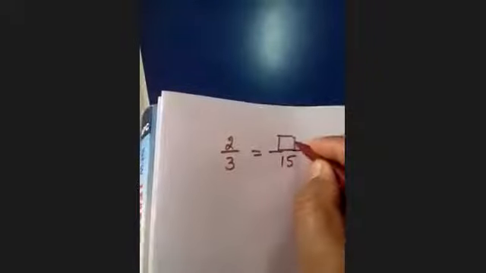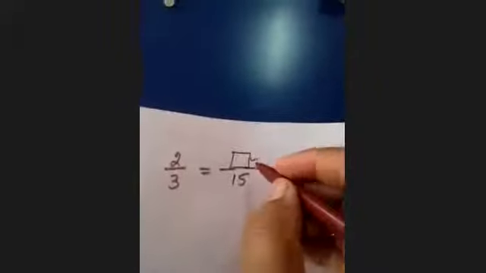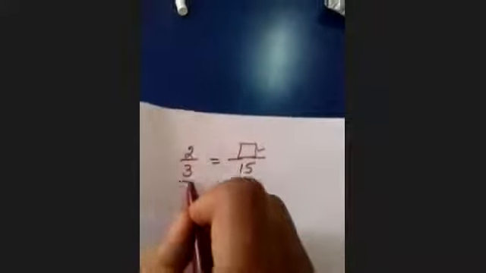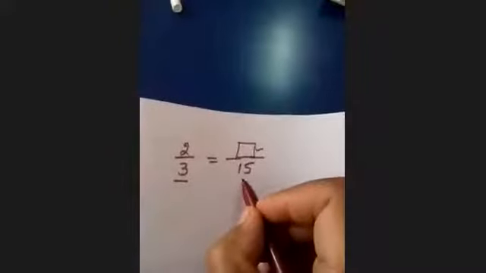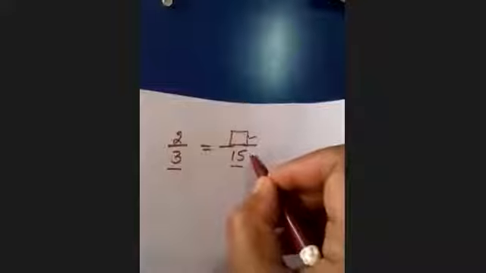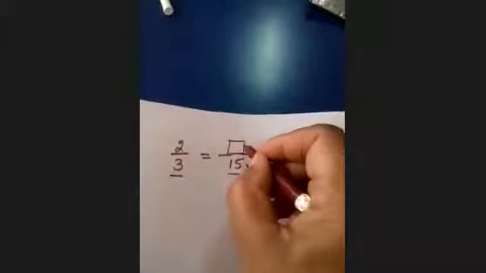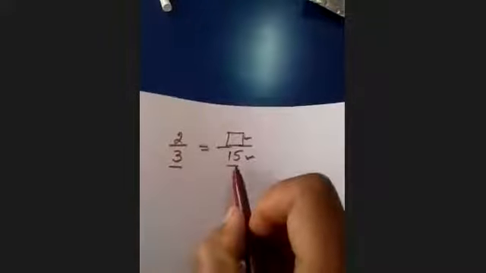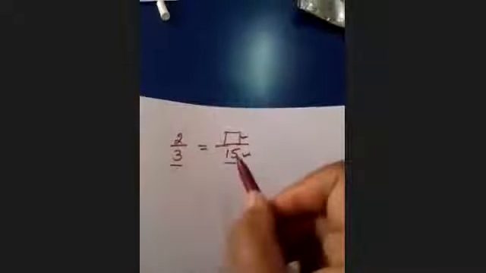Now fill this space with the equivalent fraction. In this fraction, our denominator is 3 and in the second fraction, our denominator is 15. Now students will think, by which number do we multiply 3 to get 15.